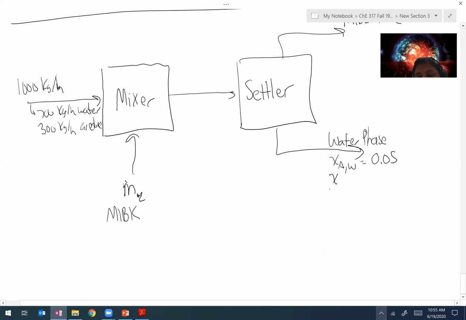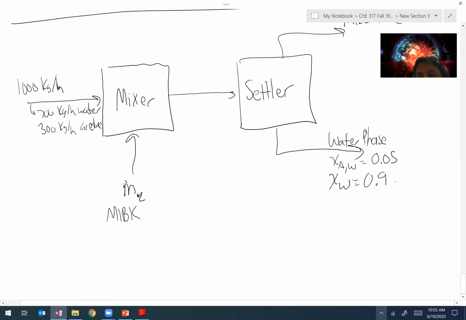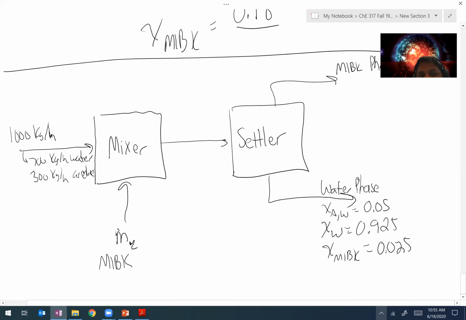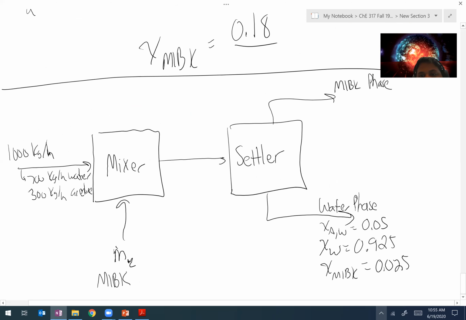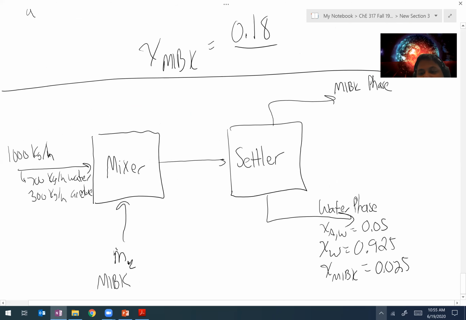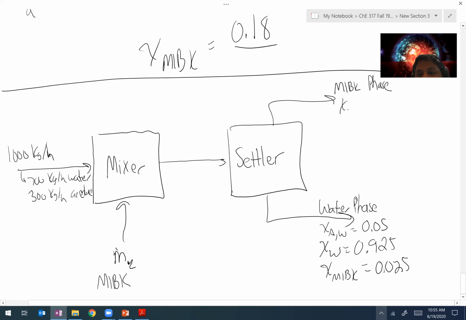So for here, my water was what, 0.925. For my MIBK is 0.025. For my MIBK phase, I had 0.86, 0.1, and 0.04.